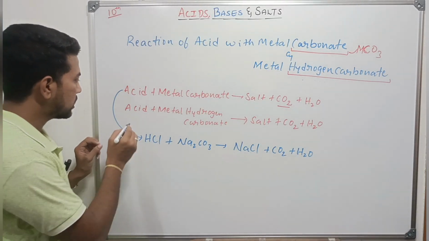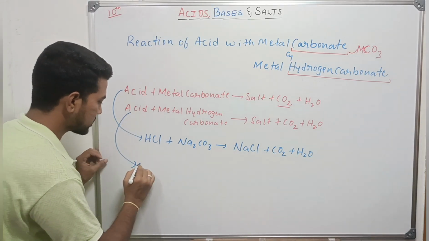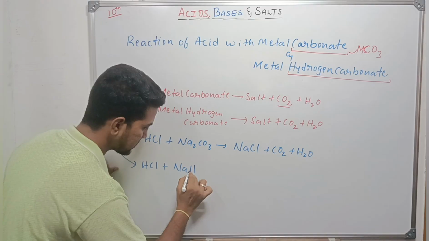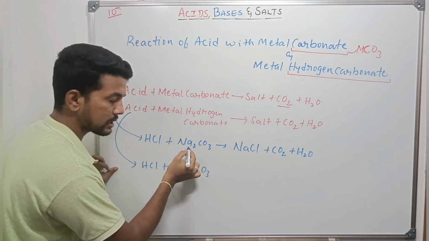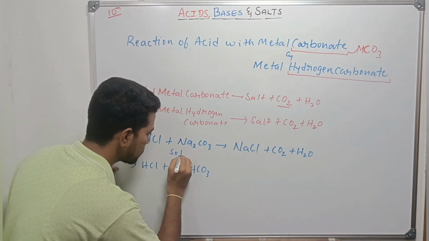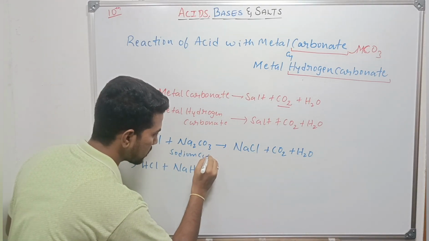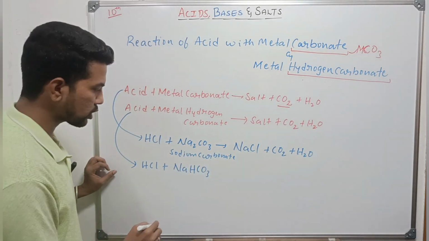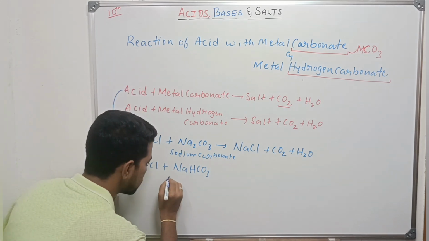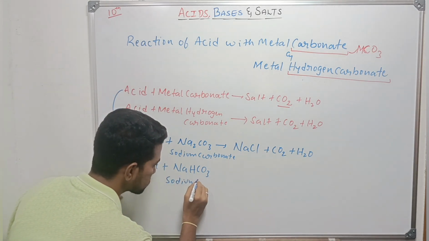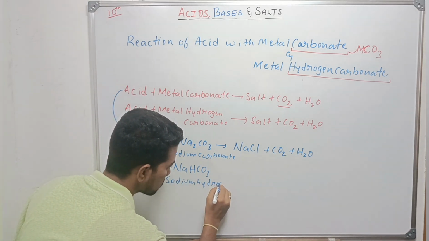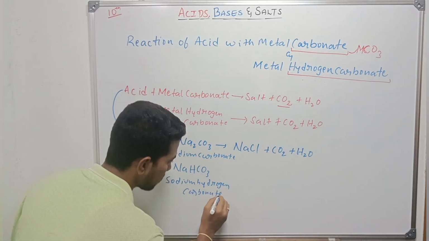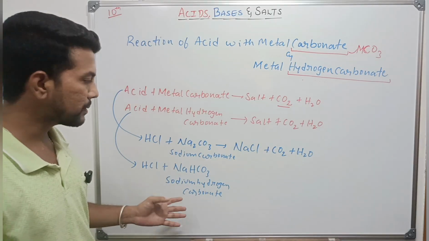In the same manner, whenever acids react with metal hydrogen carbonate, for example NaHCO3. So here Na2CO3 means sodium carbonate, NaCl means sodium chloride, NaHCO3 means sodium hydrogen carbonate, or it is also called sodium bicarbonate.